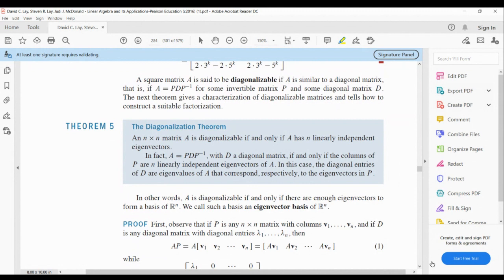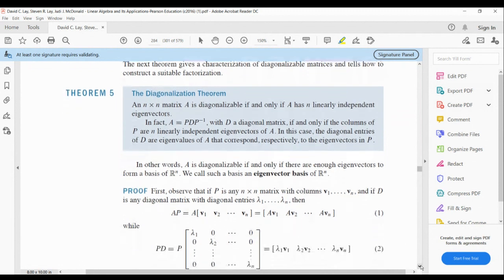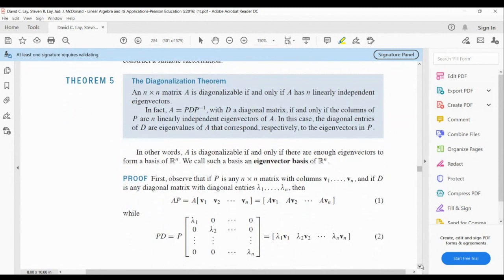Okay. How does the diagonalization theorem work? So you have an n by n matrix, and again, they're saying the matrix A equals P times D times P inverse, where D is a diagonal matrix and the columns of P are linearly independent eigenvectors.